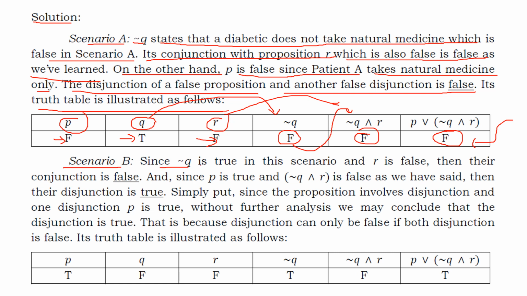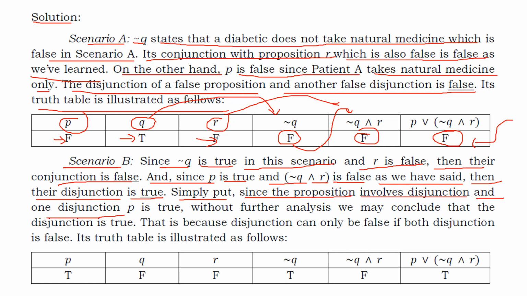since negation Q is true in this scenario and R is false, their conjunction is false. And since P is true and negation Q conjunction R is false, as we have said, their disjunction is true. Simply put, since the proposition involves a disjunction and one disjunct P is true, without further analysis we may conclude that the disjunction is true.